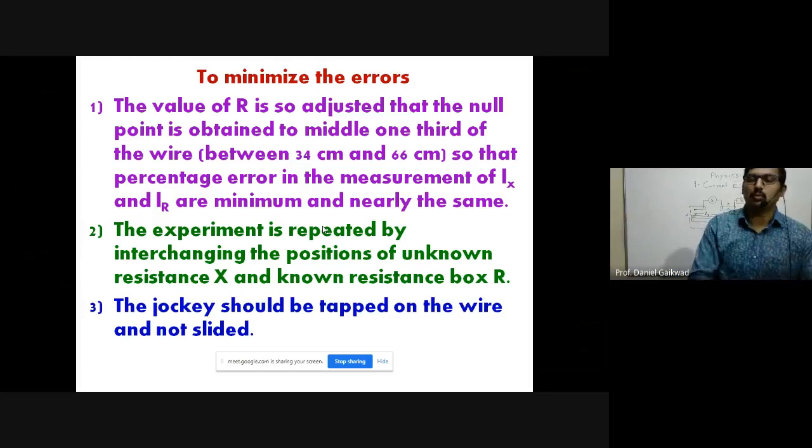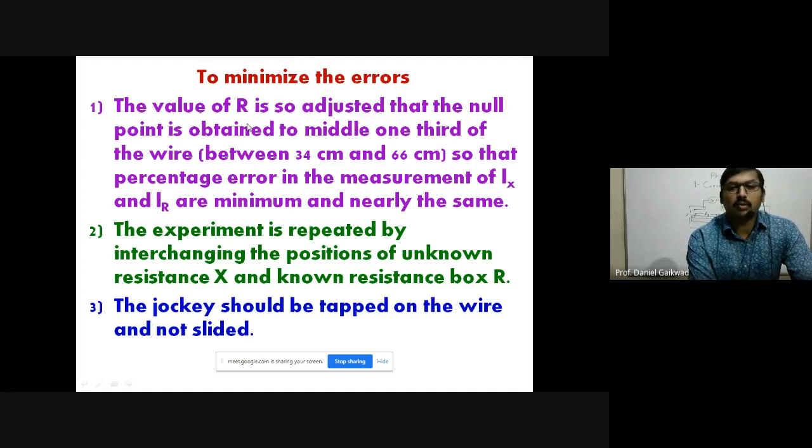One third means, if we have 100 centimeter length, divided into 3, so 33 point something or 34. So in between 34 to 66, we should have the null point. Then there is the minimization of error.